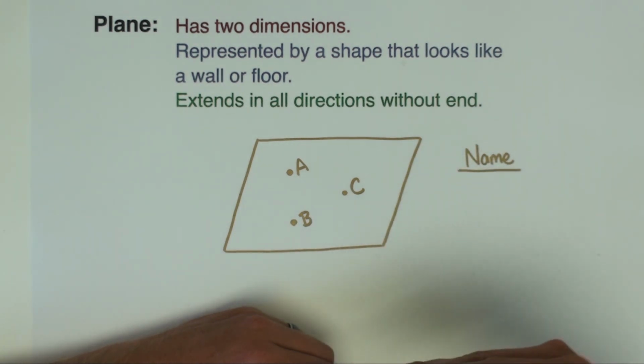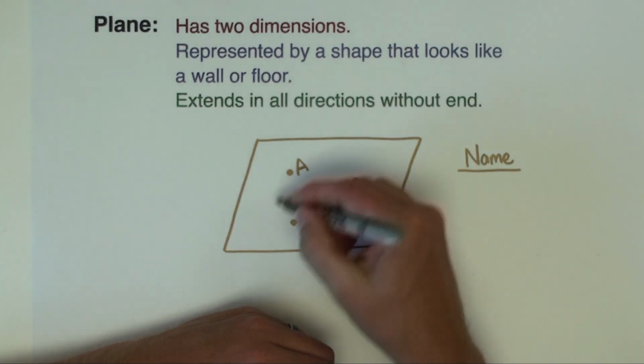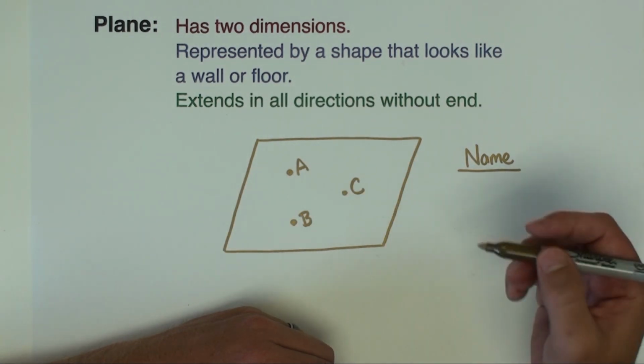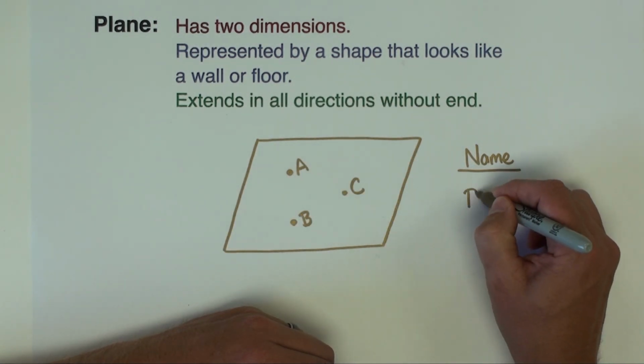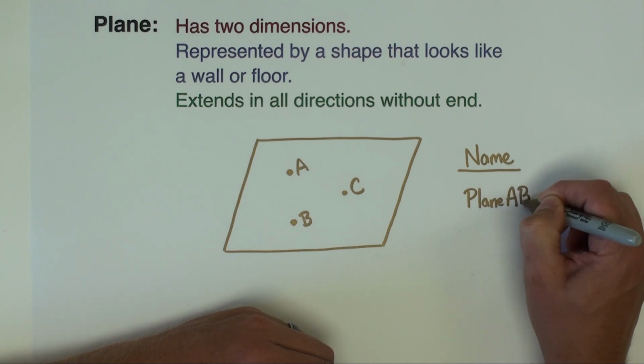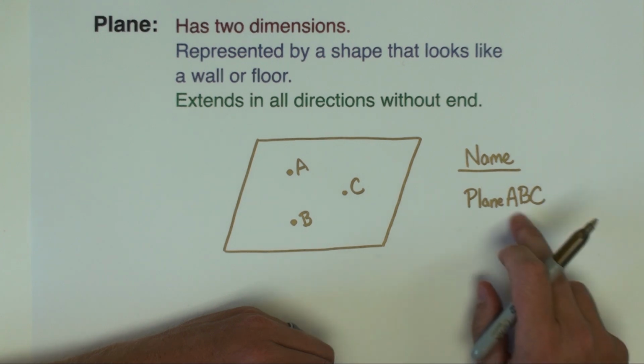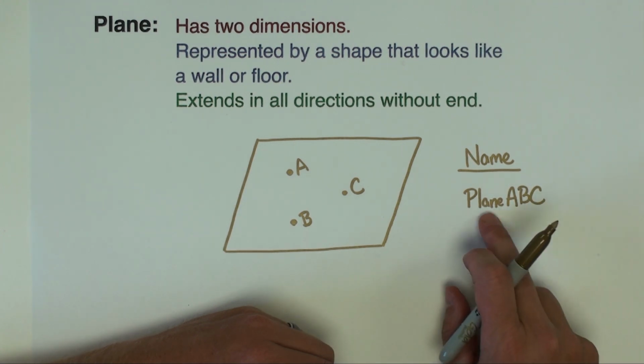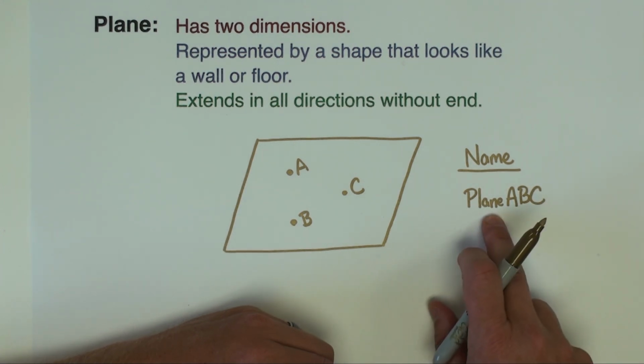They have to be what we call non-collinear points. So if I see those 3 points and they're not in a straight line, I can call this plane A, B, C. The order that we put the points right there doesn't matter as long as we preface it with the word plane.